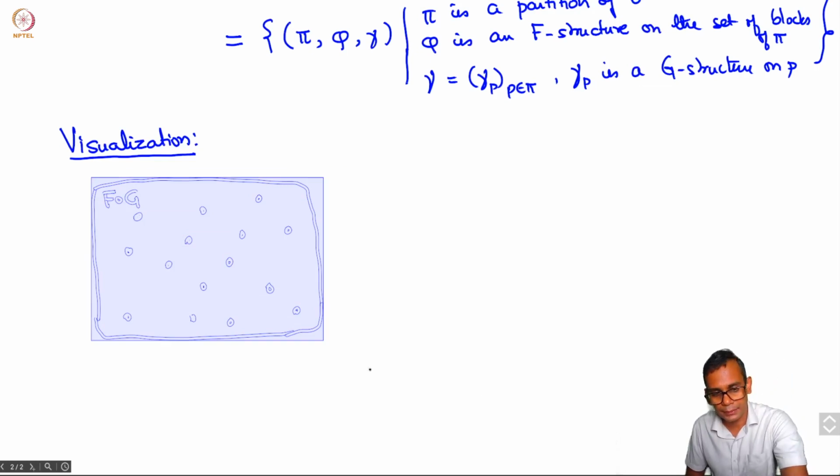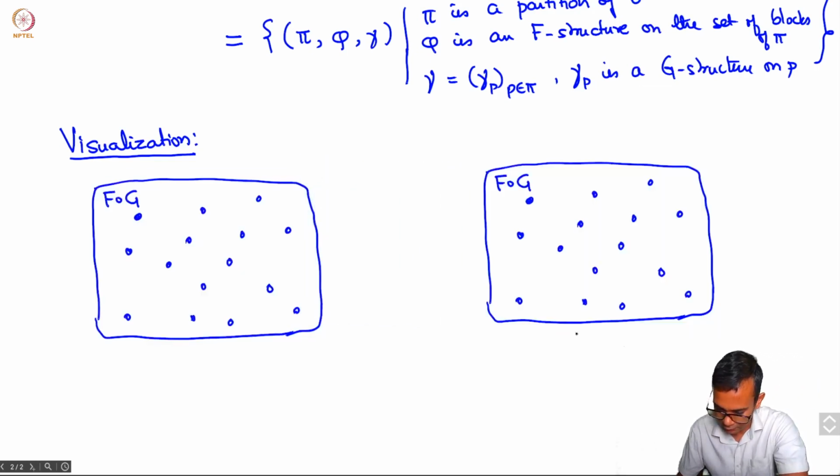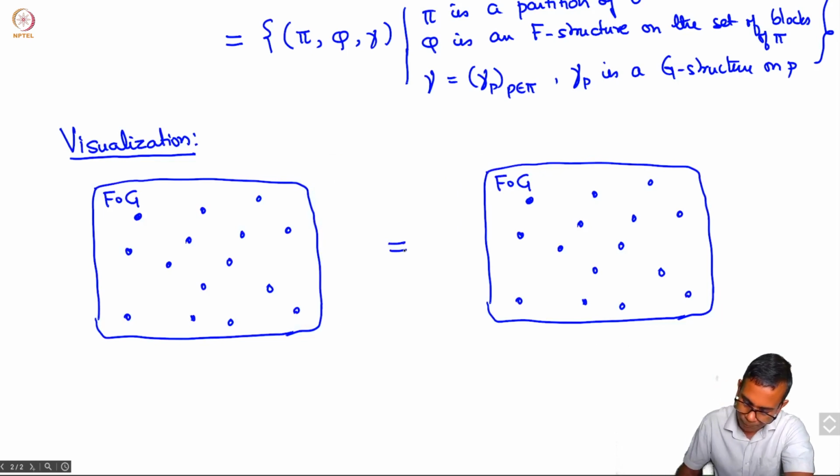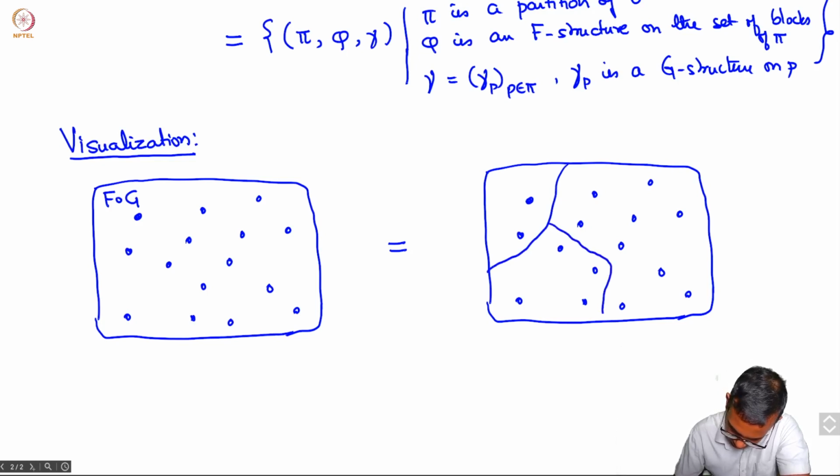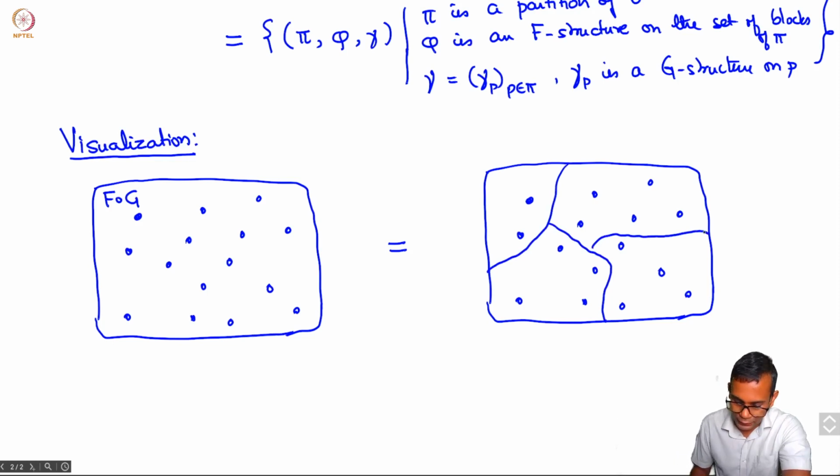So what you do is divide the set into blocks. So here's one block, here's another block, here's another block maybe, and on each block you put a G structure.